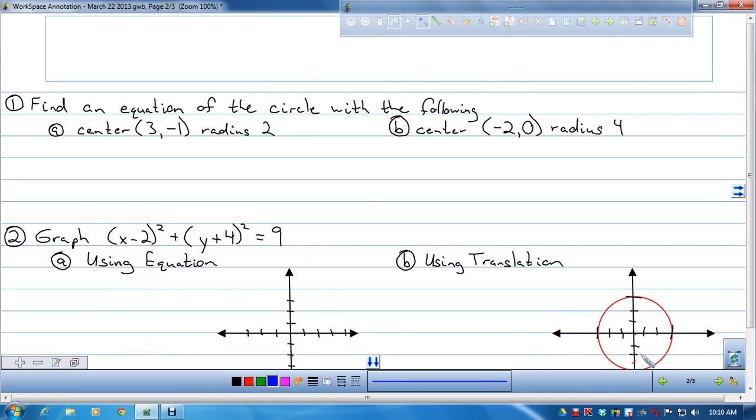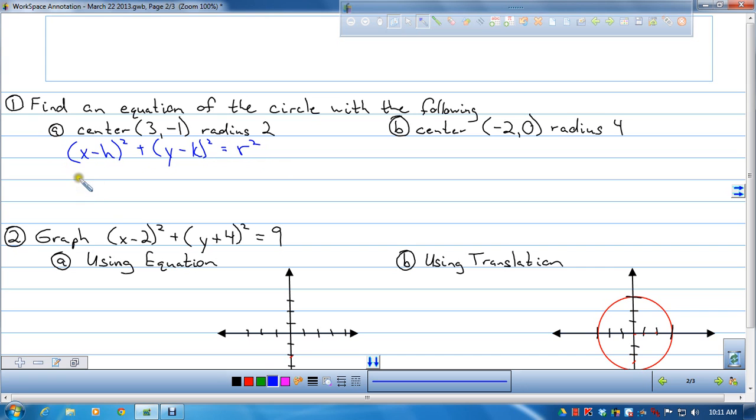Okay, so let's find an equation of a circle with the following properties: a center of (3, -1), and a radius of 2. So just plugging straight into our formulas. Remember, it's (x minus h) squared plus (y minus k) squared equals radius squared.